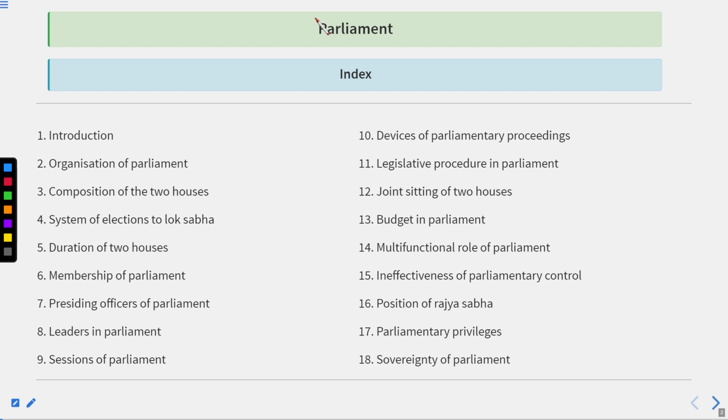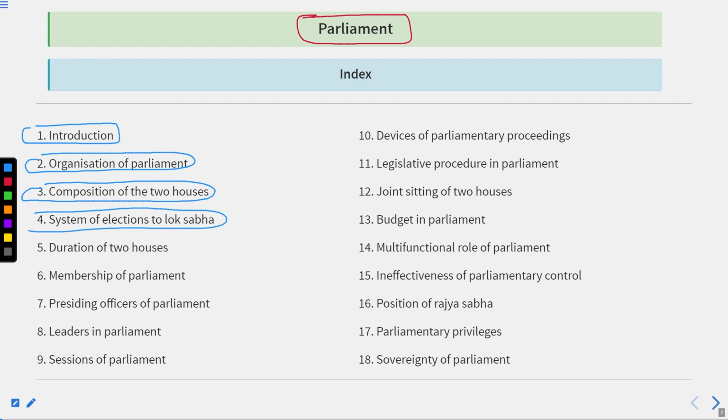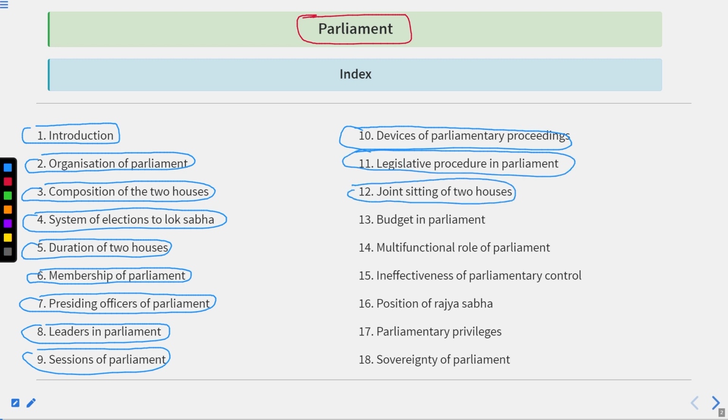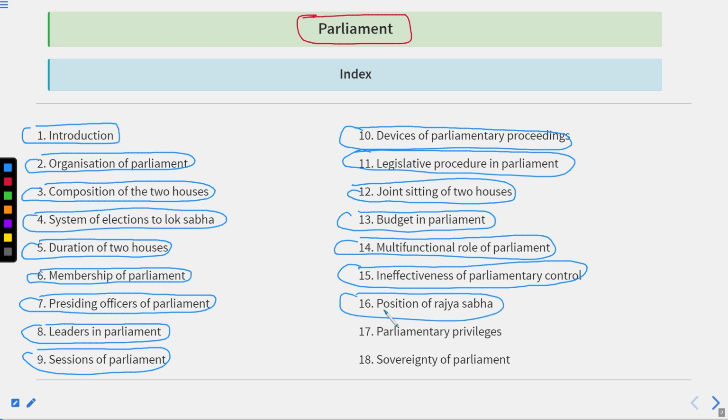In this series on the parliament, these are the topics that we have scheduled for discussion: introduction, organization of parliament, composition of two houses, system of elections to the Lok Sabha, duration of two houses, membership of parliament, presiding officers of parliament, leaders in parliament, sessions of parliament, devices of the parliamentary proceedings, legislative procedures in parliament, joint sitting of two houses, budget in parliament, multifunctional role of parliament, ineffectiveness of the parliamentary control, position of Rajya Sabha, parliamentary privileges, and the sovereignty of the parliament.